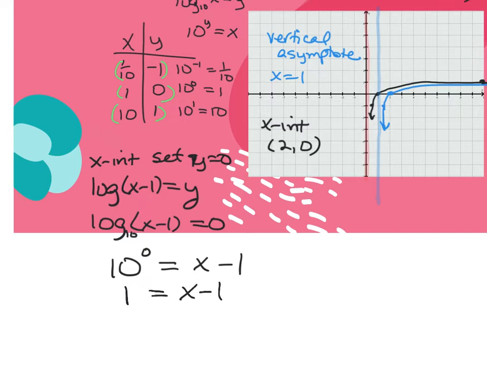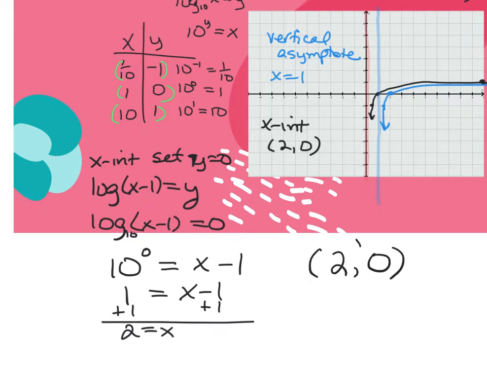And now I'm going to solve for x by adding 1 to both sides, and 2 equals x. So we already plugged in the y, which was 0. So again, my x-intercept is 2, 0. But we could clearly see when we graphed that blue line that it was touching the x-axis at 2, 0.